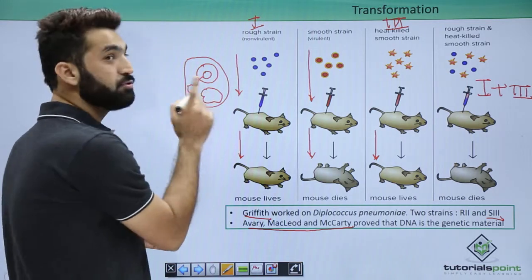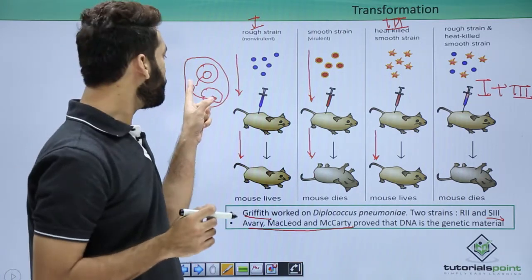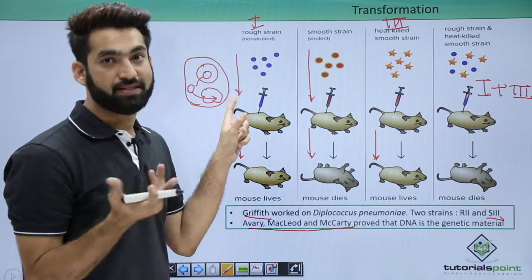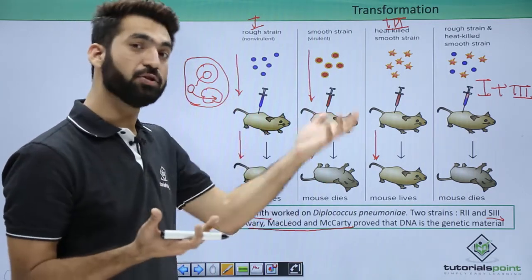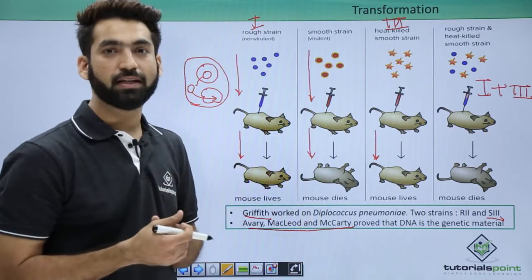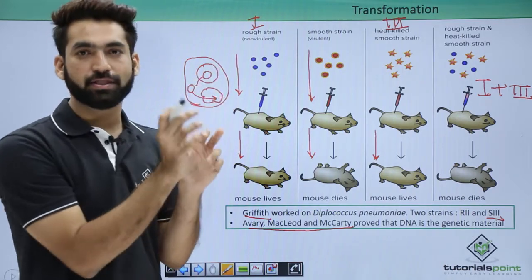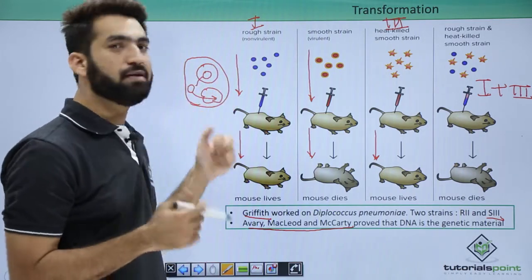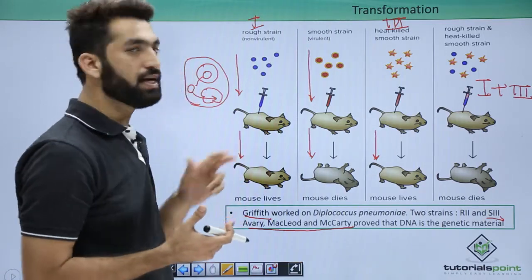This DNA, which was pathogenic, was taken up by the R2 strain. The DNA was making proteins that were toxic, and those were killing the mice. So now this DNA is there in the R2 strain. Now when the R2 strain multiplies, it will form some bacteria which are of the S3 type.